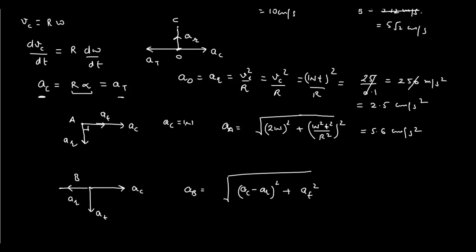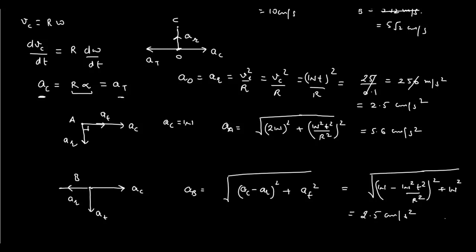Clear? And from the above calculations we know that this AC is W, minus W square T square by R square whole square, plus this tangential acceleration, so this is also W, and its square. And if we solve this, we will get 2.5 centimeter per second square.